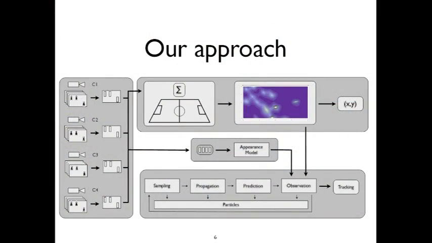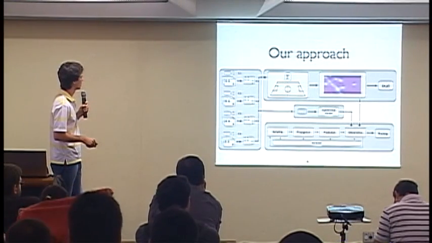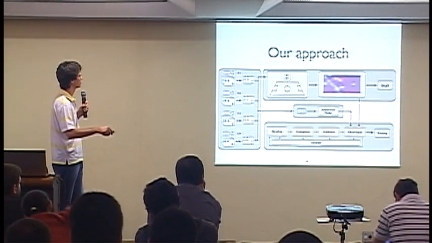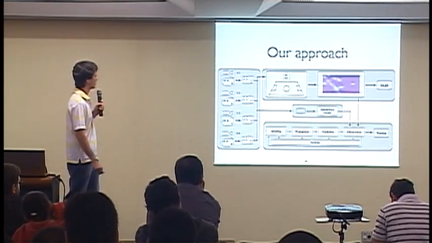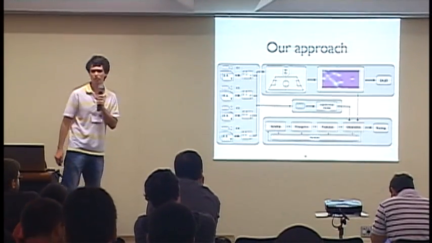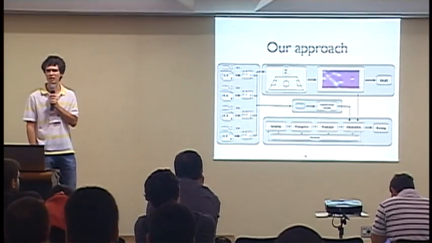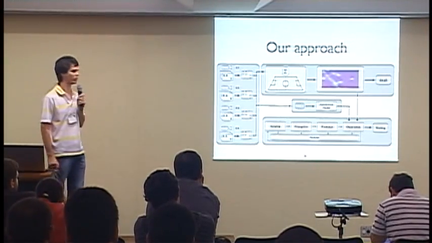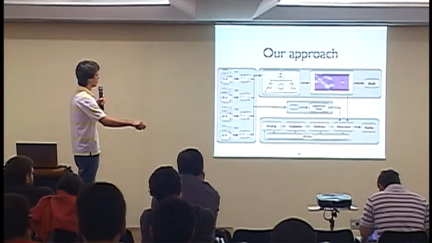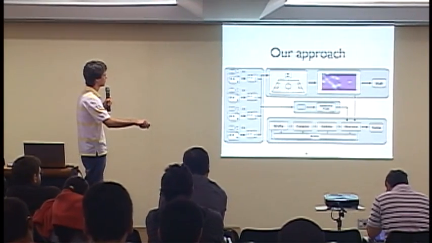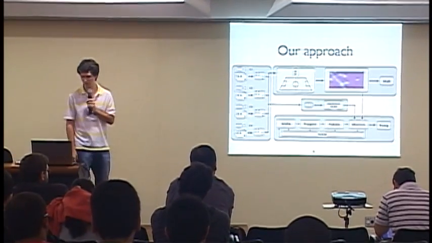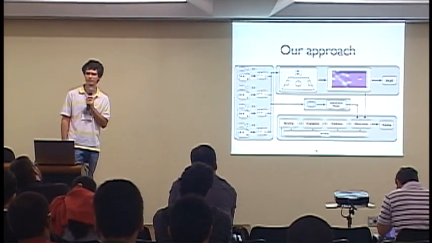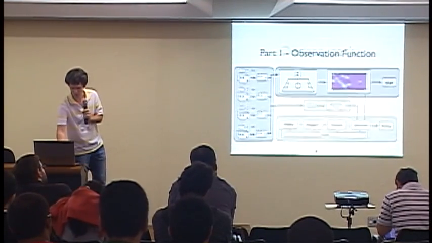In our approach, we organize the method in four main parts. This one for multiple camera detection, this one for fusion, making a multimodal function to represent the statistical occupation of the court plane. Another one for tracking, and here an appearance model for extracting the observation function.